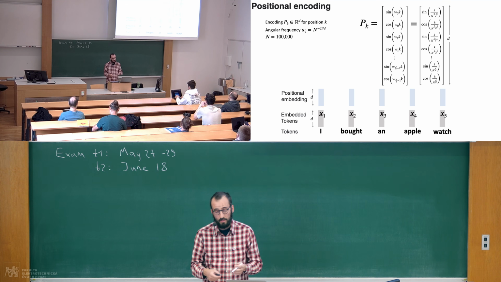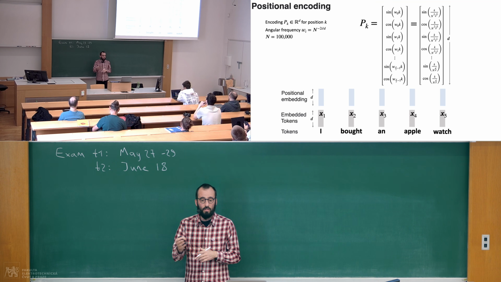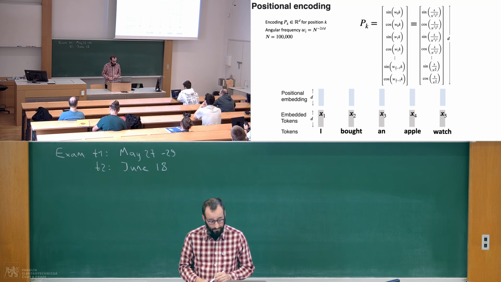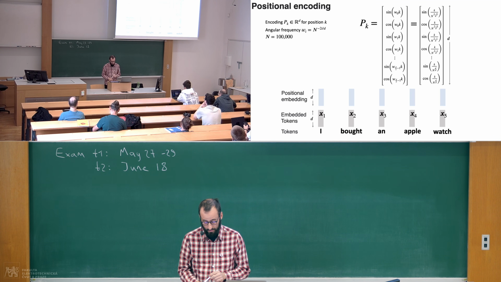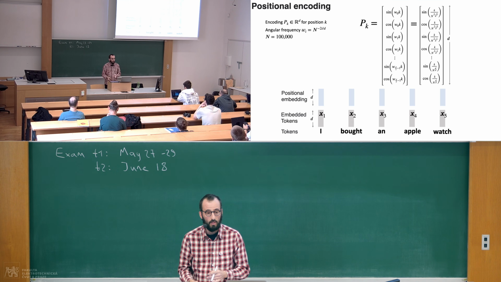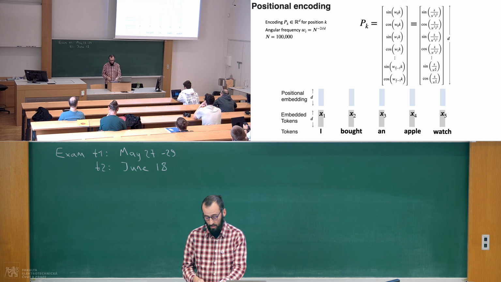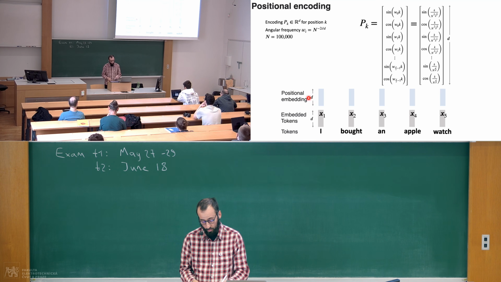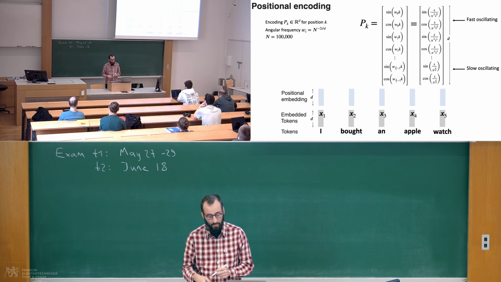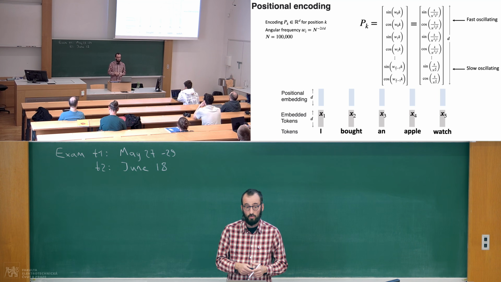If you feel this is a magic number, it is actually tailored empirically so that it will be meaningful for large enough sequences. So you have multiple such frequencies. You multiply frequency times the position and pass it through the cosine and sine function. And you have as many frequencies as you need to match the dimensionality of the original embedding. Similar to before, you have a dimension that is changing fast, a dimension that is changing slow.